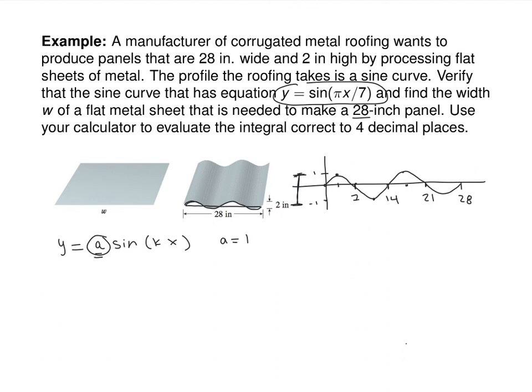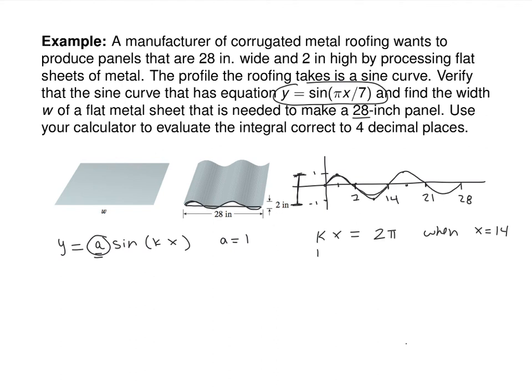Now to figure out what that k is, you know that k times x has to equal 2 pi when x equals 14. It takes 2 pi for sine to go through one cycle, and in this case that happens after you hit 14.